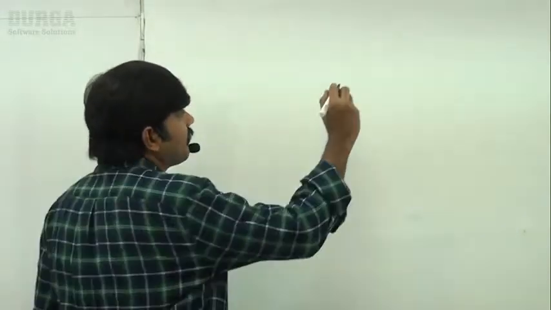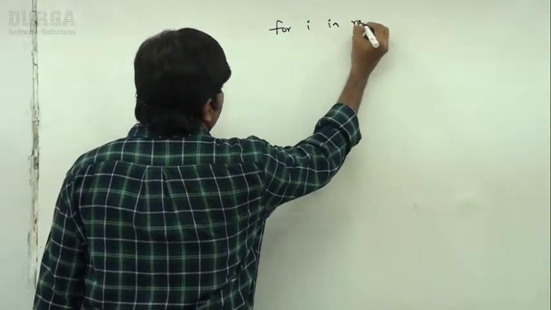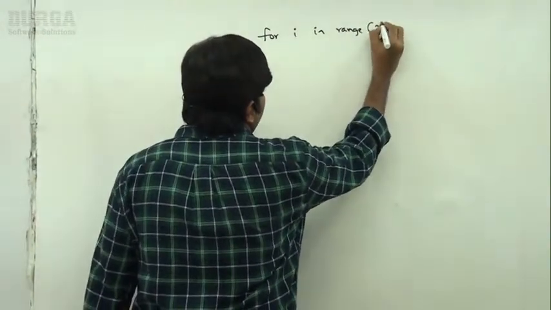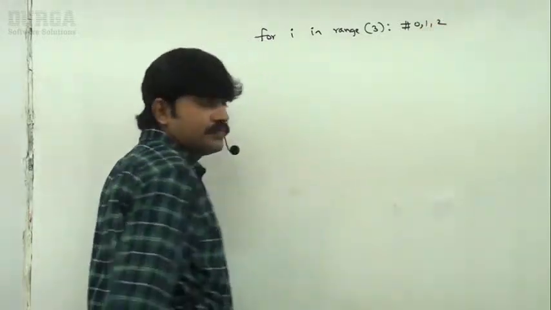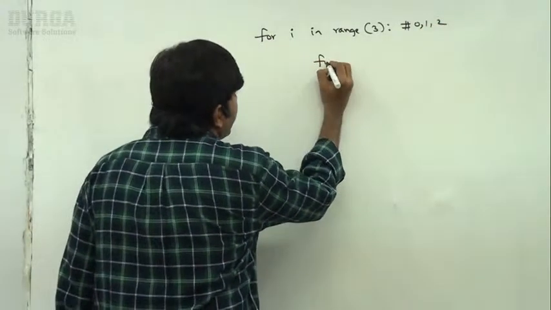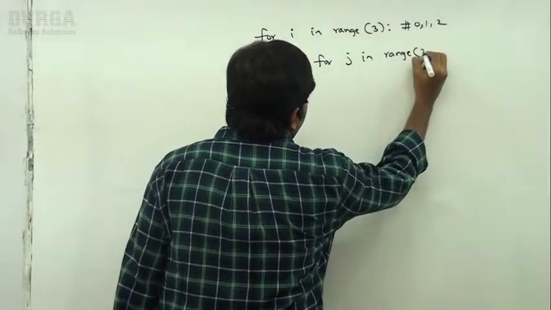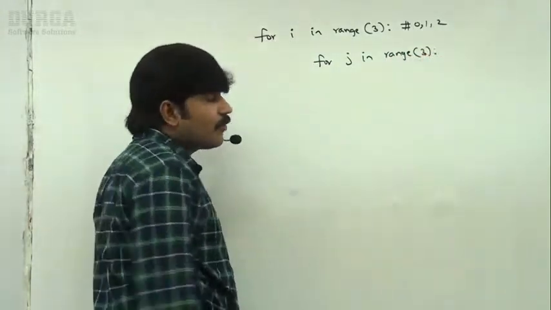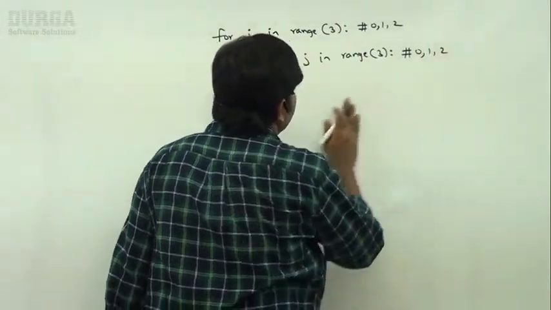Sir, same example with the continue statement. Let me consider: for i in range of 3. Sir, what are the possible values for i? 0, 1, 2. Next, for j in range of 3. What are the possible values for j, sir? j possible values are 0, 1, 2.